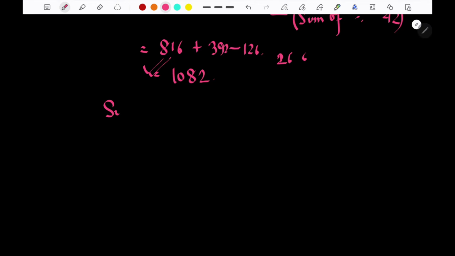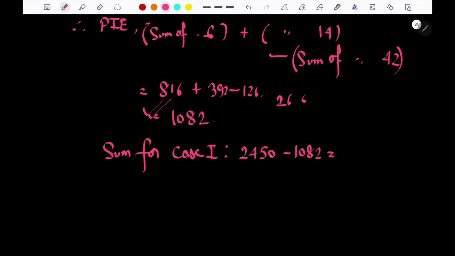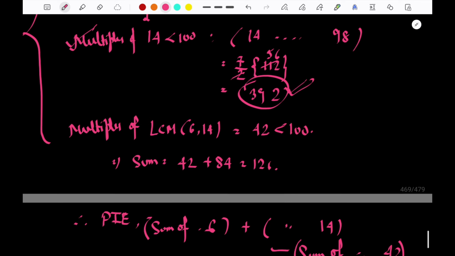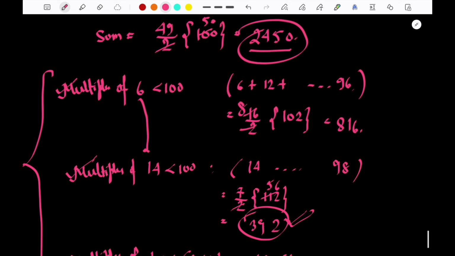So the sum for case 1 will be 2450 minus 1082. What is the value? It's 1368. So 1368 is the case for this when HCF is 2.